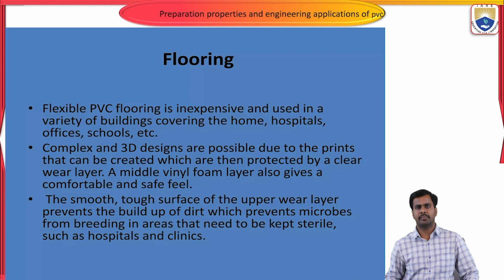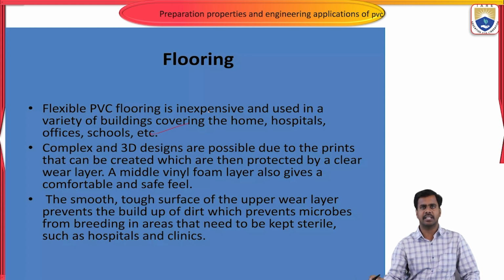So let us see how PVC can be applied in flooring. Flexible PVC type is used in flooring and it is inexpensive and used in a variety of buildings, covering homes, hospitals, offices, schools and etc. The complex and 3D designs are possible due to the prints that can be created, which are then protected by a clear wear layer.